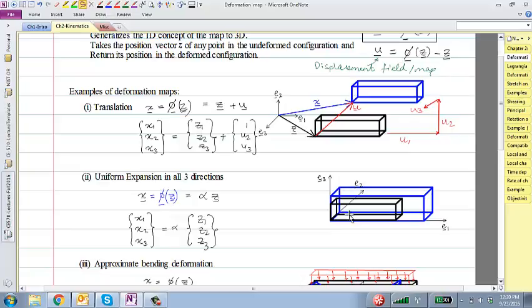So once again, maybe you can verify: what is the new position of a point that is at the origin in the undeformed configuration? The origin remains right there, right? Anything on the E1 axis stays on the E1 axis, it just moves alpha times its original coordinates. Same thing for the E2, E3 axes. That's basically what a uniform expansion would look like.